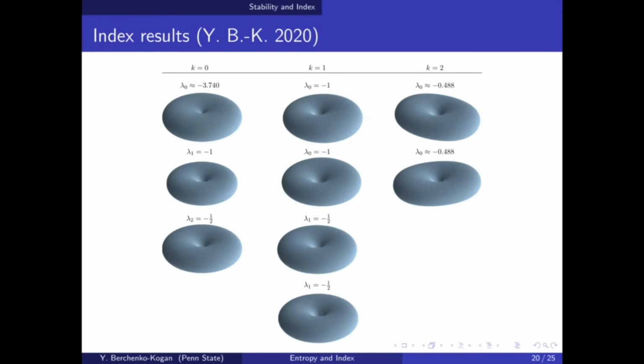So k equals 0 are the rotationally symmetric variations. In here, hopefully you can see my cursor, you can find dilation here. So this is the Angenent torus that's just smaller. And here it's vertical translation. This chart doesn't really let you see that this torus has been translated upwards, but this is the Angenent torus that has been translated upwards. In the k equals 1 column, we have the two horizontal translations here.